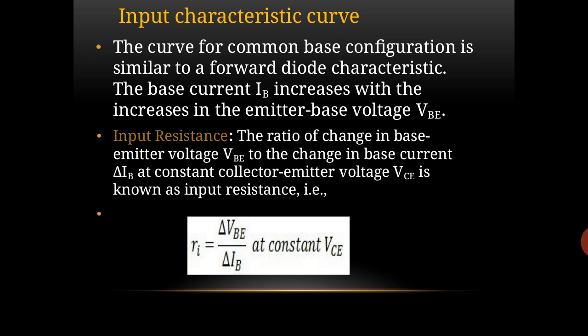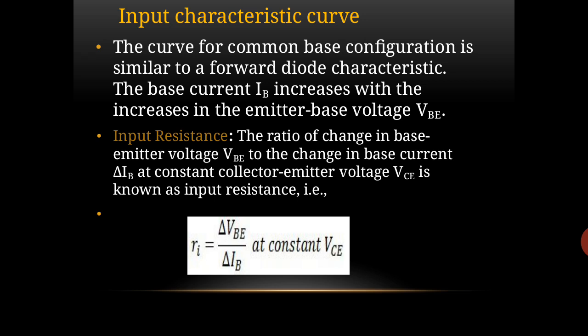Input resistance. The ratio of change in base emitter voltage to the change in base current, means, now see, change represents delta. Okay, the ratio of change in base emitter voltage to the change in base current at constant collector emitter voltage VCE is known as input resistance.